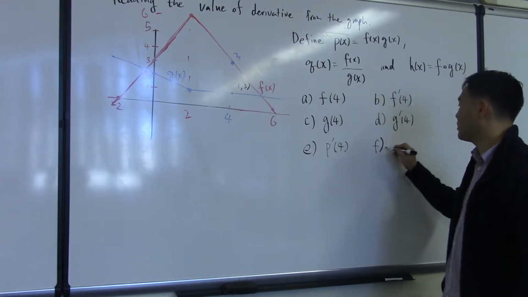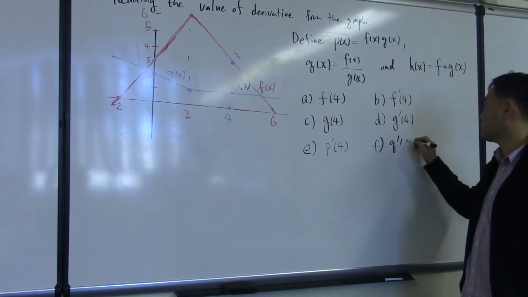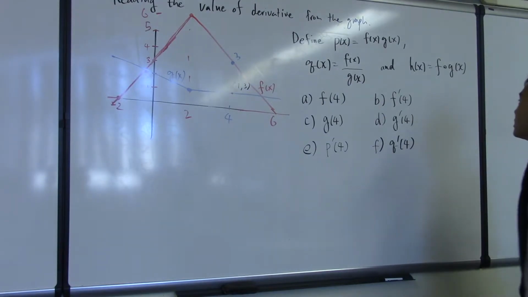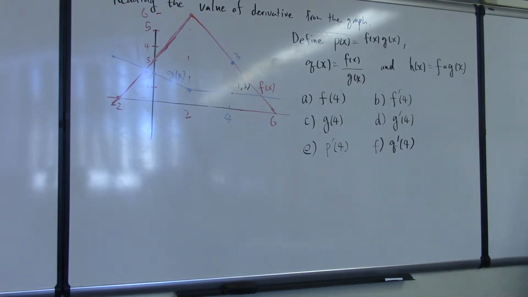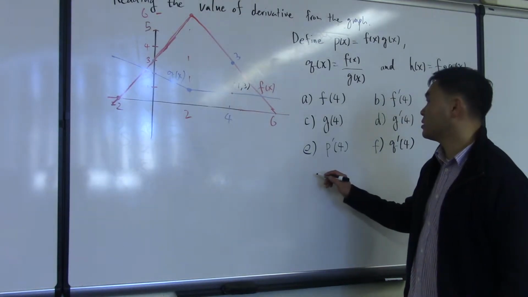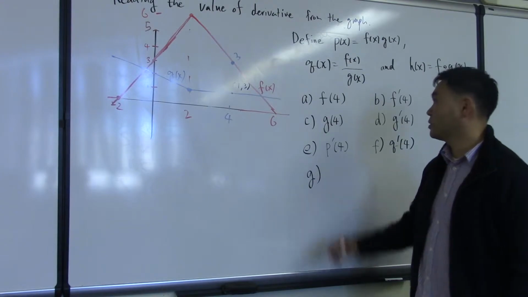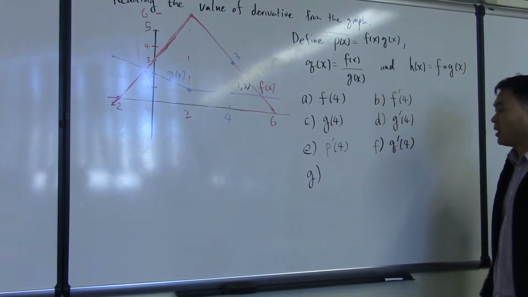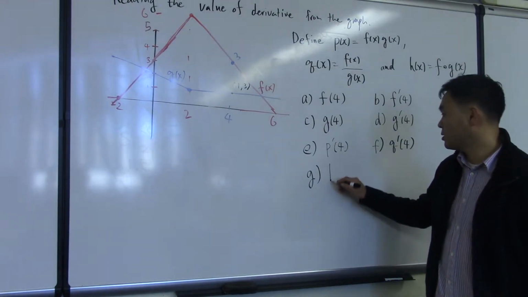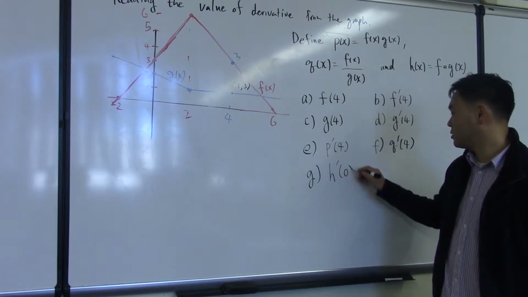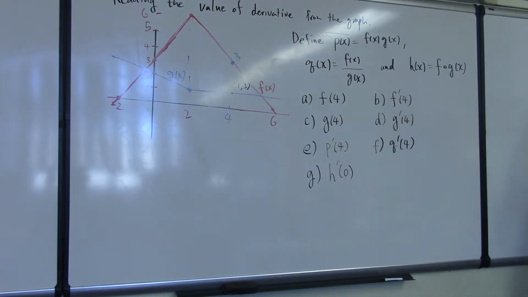F, q prime of 4. And then G, I want h prime of 0. So let's try to settle these questions.